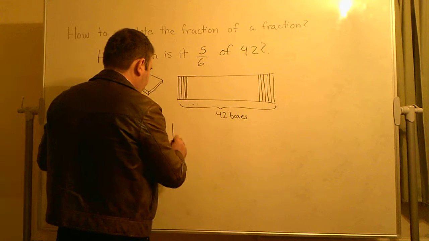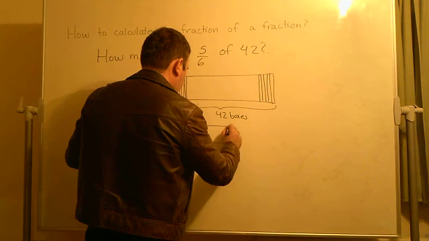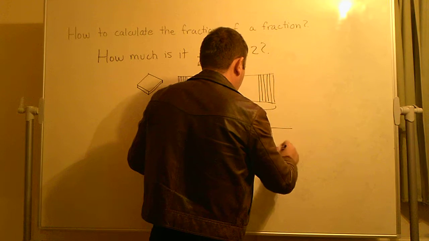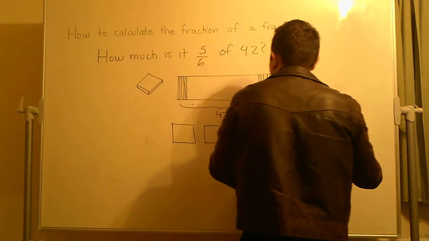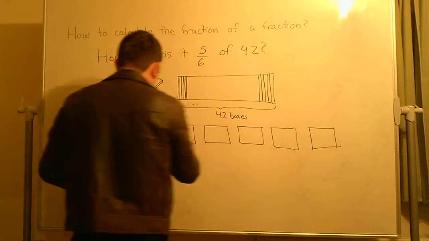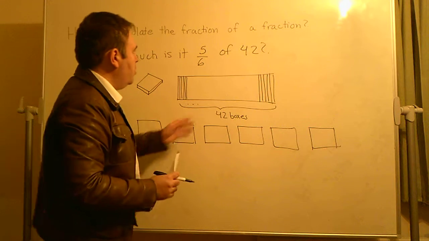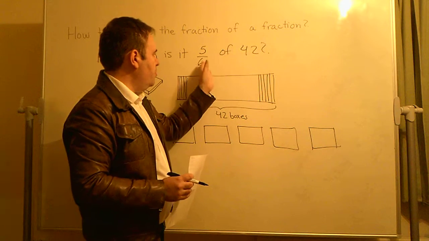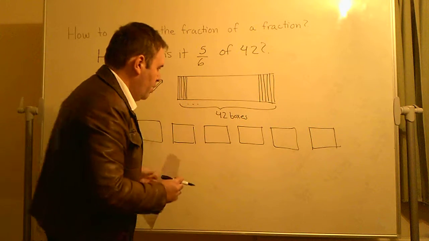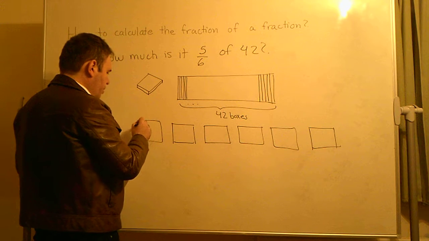So we would have one set, 1, 2, 3, 4, 5, and 6. So we divide 42 by 6, which means that we have 6 equal sets, and each one is going to have 7 boxes.